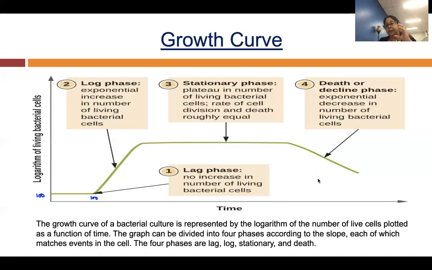Inside the batch media, we can observe all these four stages. Knowing the stage, you can diagnose the severity of the disease. When it's lag phase, the number is not growing, they didn't start dividing.